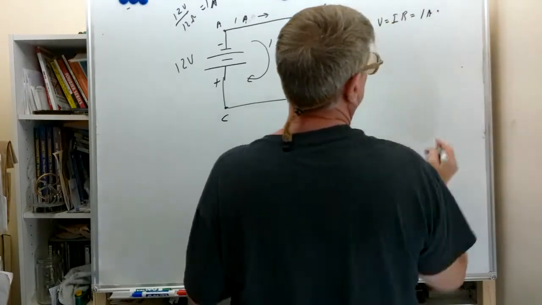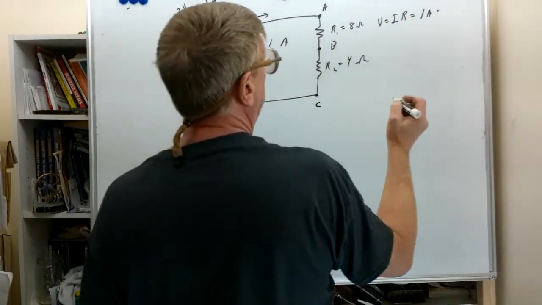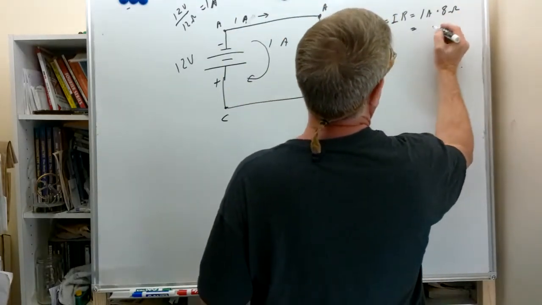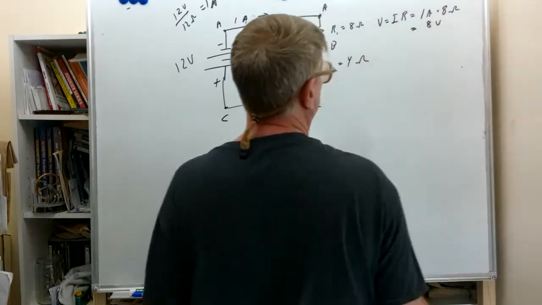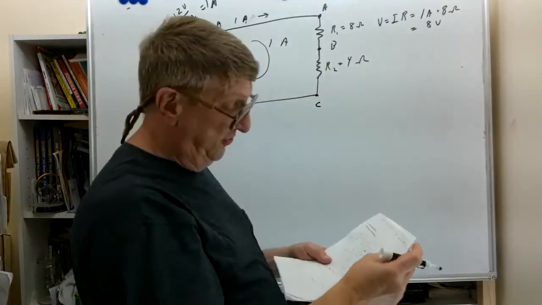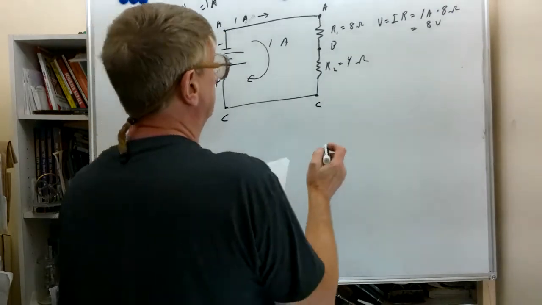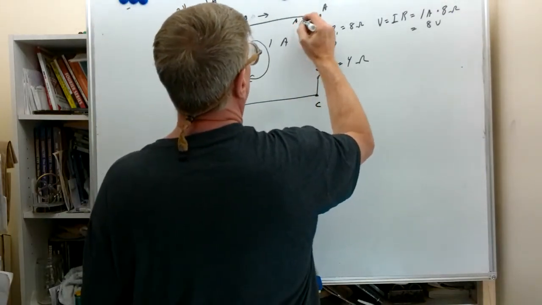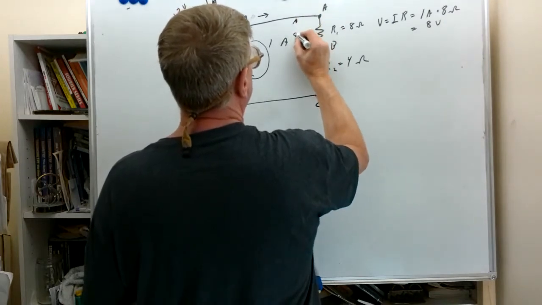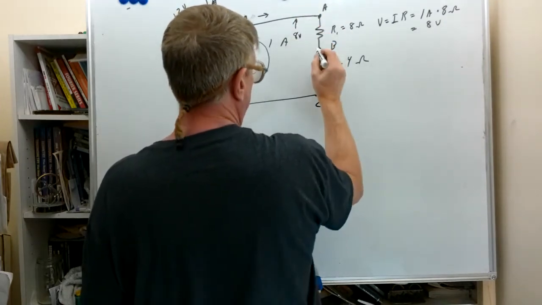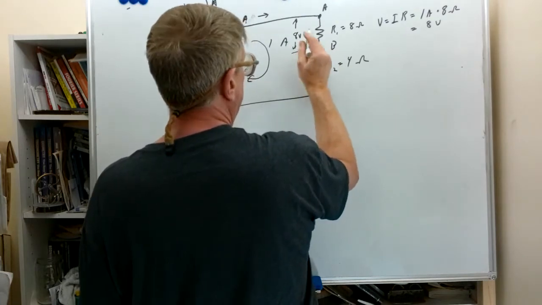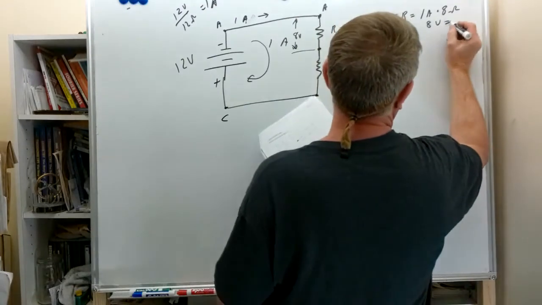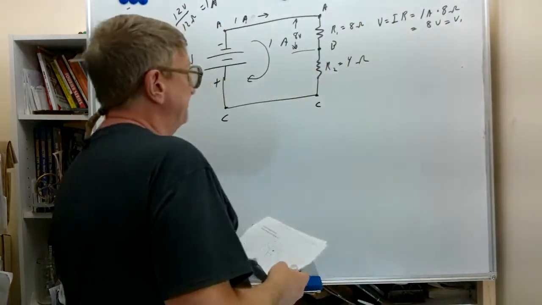We multiply that, we use the dot here, times the resistance, which is 8 ohms, and we're going to get 8 volts. So 8 volts will appear across this particular resistor, from this point A to this point B. We'll call this V1, voltage across resistor 1.